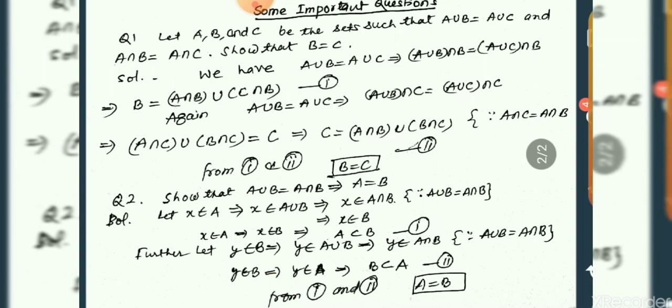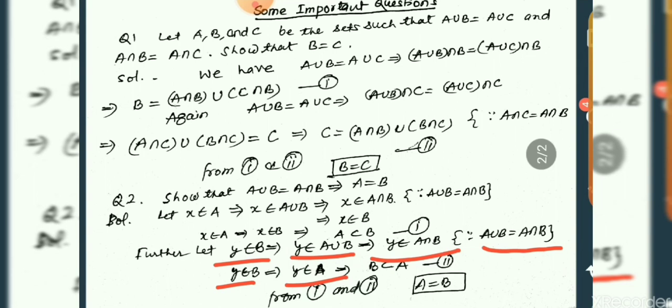Now conversely we shall take Y belongs to B. Then Y belongs to A union B. Same tactics will be used here. Y belongs to A intersection B. Why is it so? Because A union B is equal to A intersection B. Okay. Now Y belongs to B implies Y belongs to A. This implies B is subset of A. This is case 2.